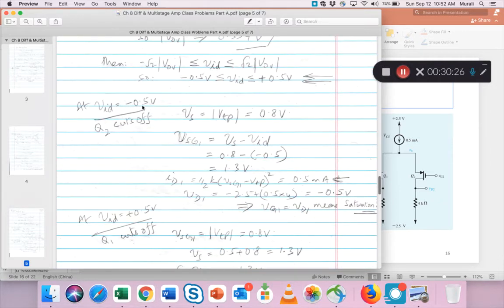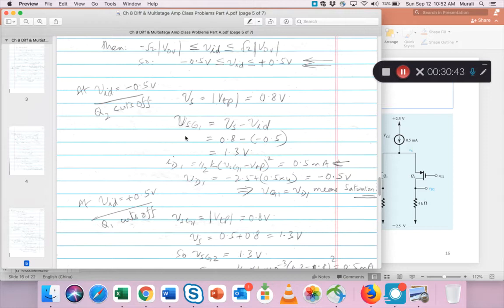So at VID equals minus 0.5, that is Q2 cuts off and all the current is in Q1, we get VS equals VTP equals 0.8, and VSG1 is VS minus VG from this circuit, source to gate, which is 0.8 minus minus 0.5, which is 1.3 at this VID.